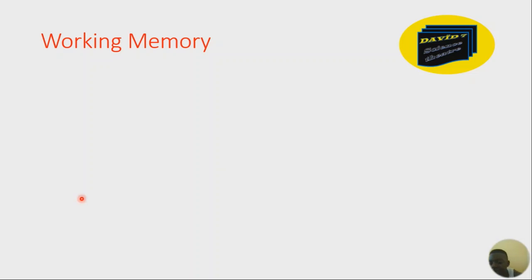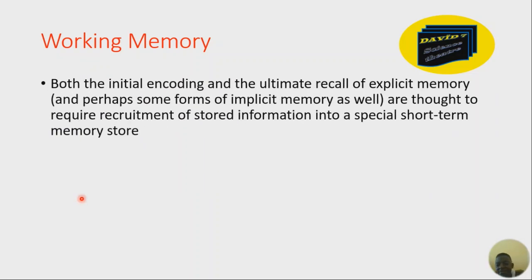Let's talk about working memory. Both initial encoding and ultimate recall of explicit memory, and perhaps some forms of implicit memory as well, are thought to require recruitment of stored information into a special short-term memory store.